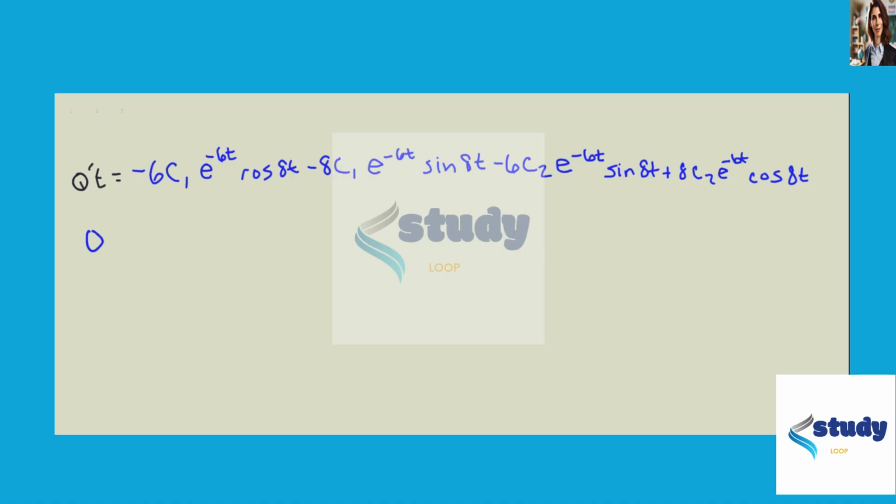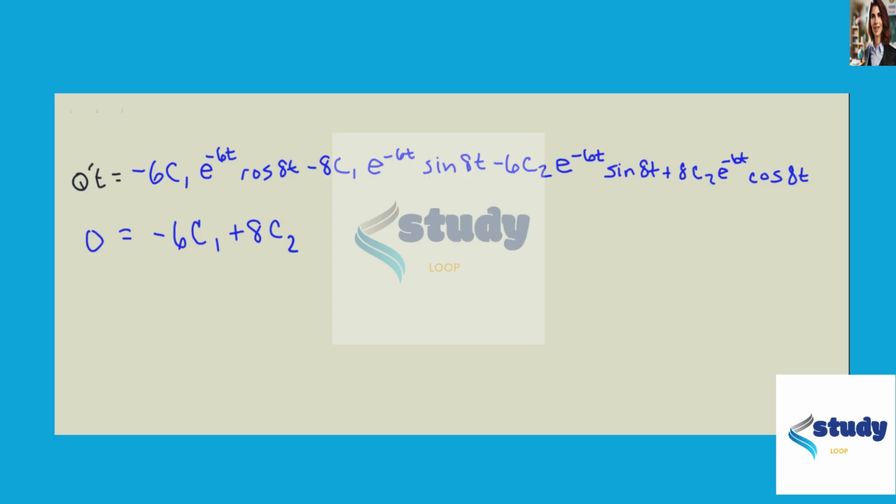Alright, so looking at that, plugging in my 0 for my Q prime, and putting in a 0 for my t, the only place I'm going to have values is for cosine. So I get negative 6 C1 plus 8 C2, because sine of 0 is 0, so 0 times that whole thing would just wipe it right out.